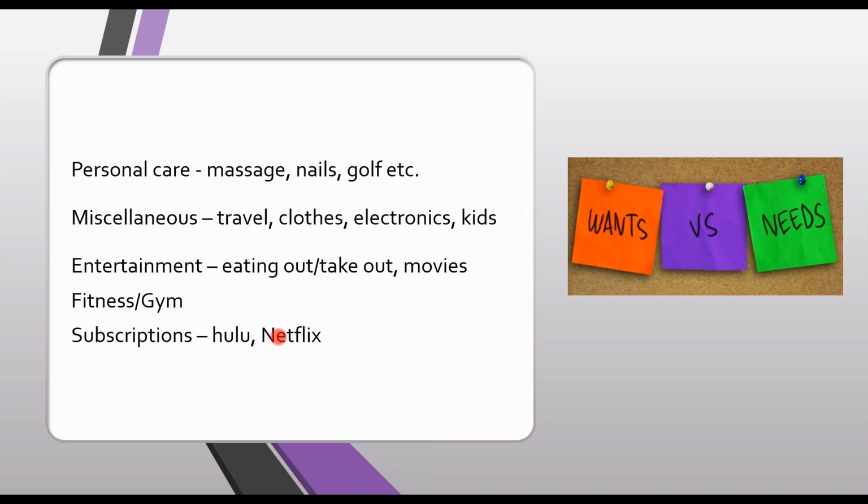You're still going to be eating, you're still going to be paying your rent. And so it's really important to categorize these in different ways, essential versus non-essential, wants versus needs. This will make a little more sense when I get into building the actual budget.